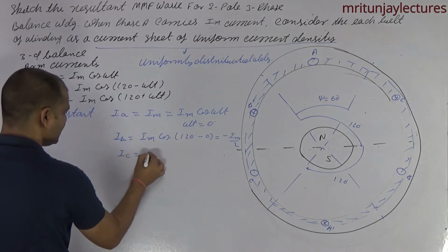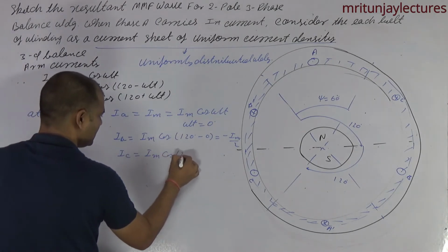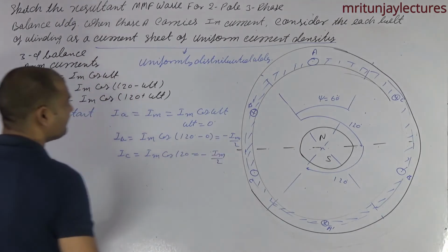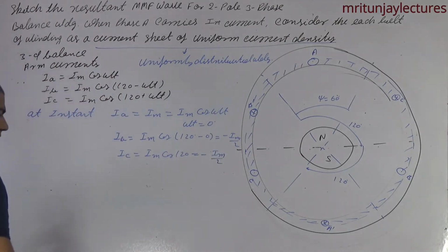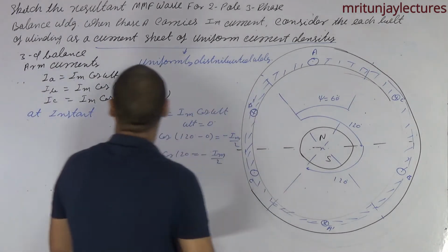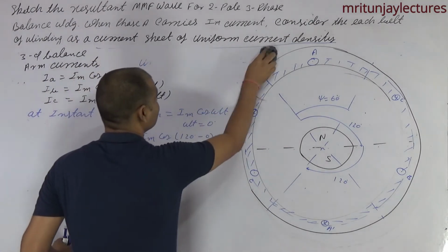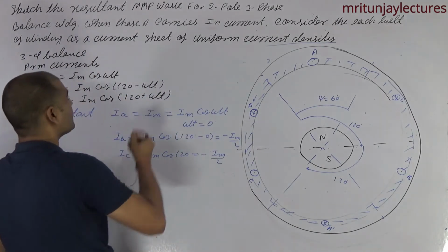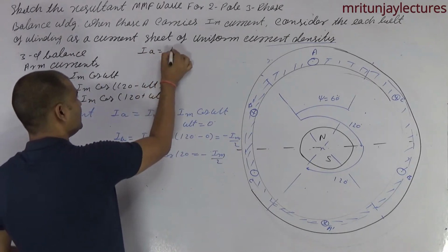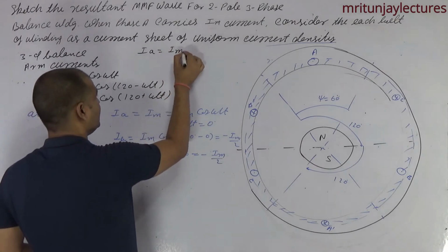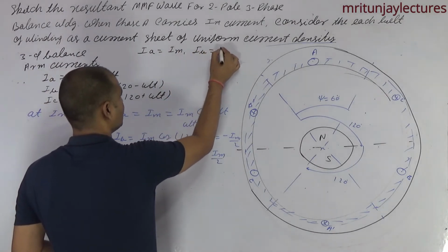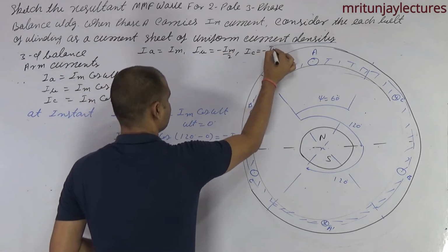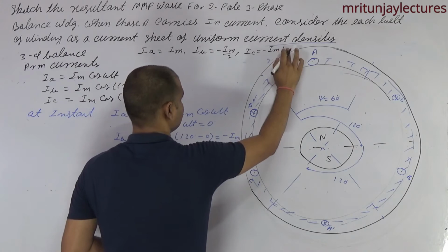And IC is also minus Im by 2. Clear? So finally we got this conclusion: when IA is equal to Im, IB is minus Im by 2 and IC is also minus Im by 2.